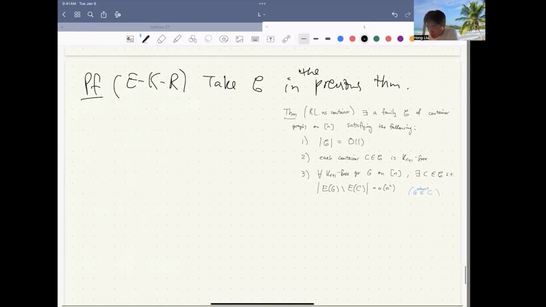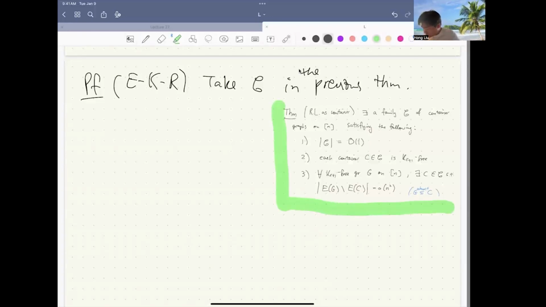Let's move here. Take the containers. Now, let's think of how we can construct the number of ways.